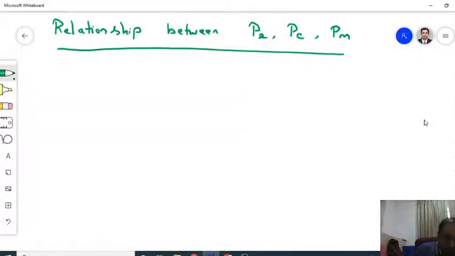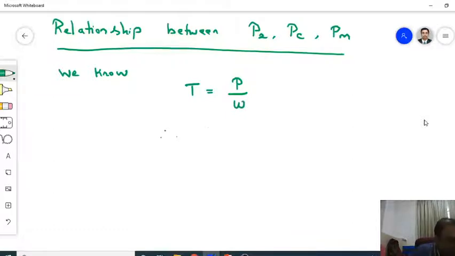We know the general torque equation. What is the general torque equation? Torque is directly proportional to power divided by omega.